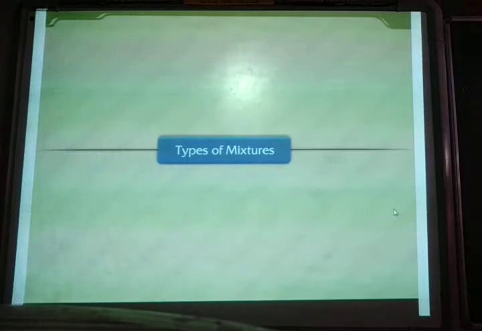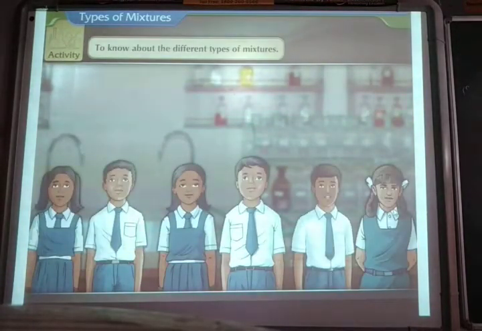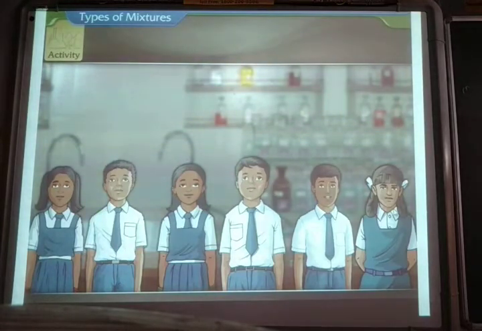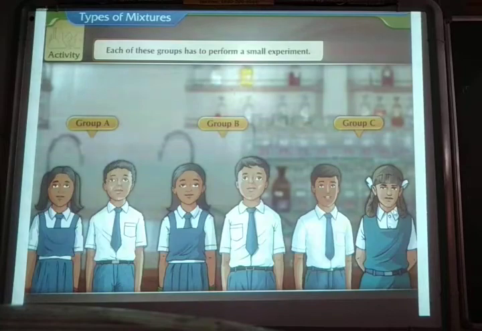Types of mixtures. Activity. Let us perform an activity to know about the different types of mixtures. Let us make 3 groups of 2 students each, knowing them as Group A, Group B and Group C. Each of these groups has to perform a small experiment.